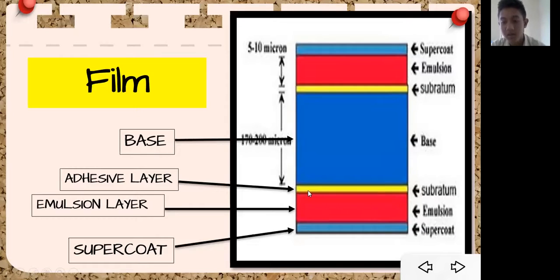This layer is made of cellulose ester, gelatin, and acetone. And then there is the supercoat or the overcoat layer. This layer aims to protect the emulsion layer from improper handling conditions.